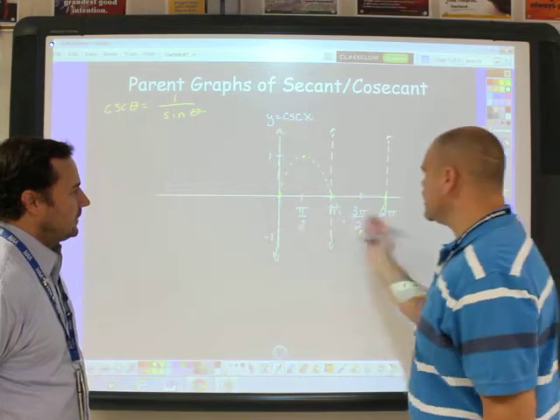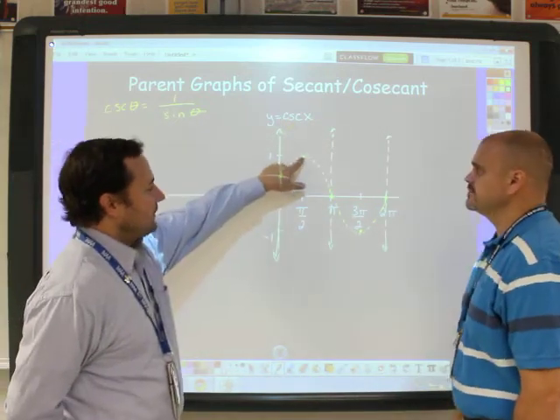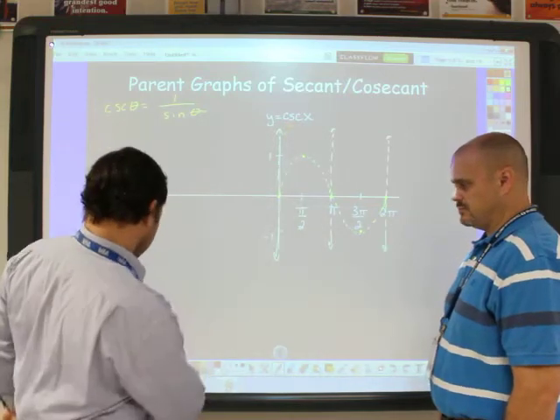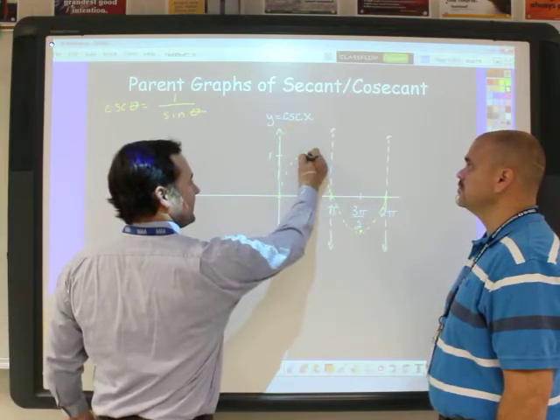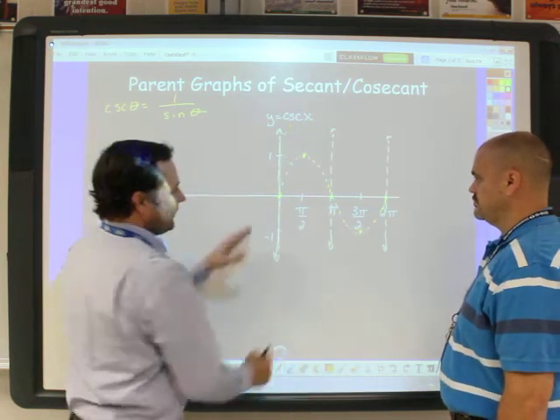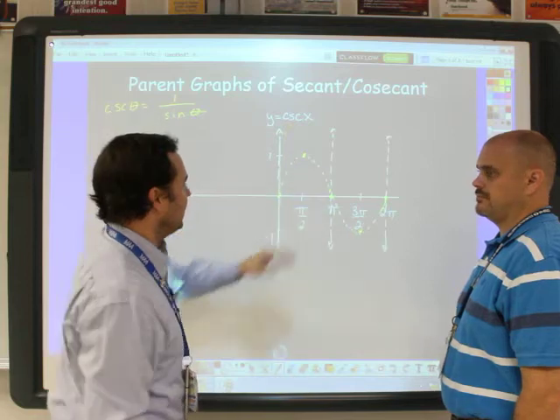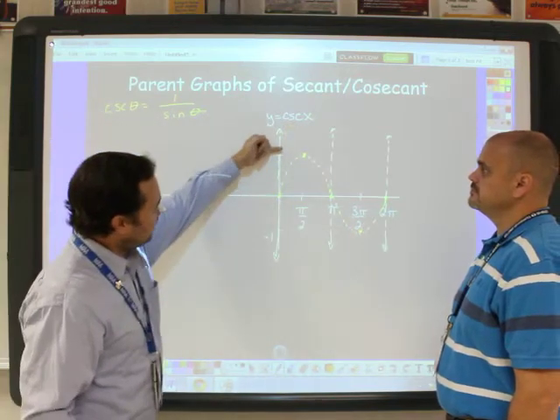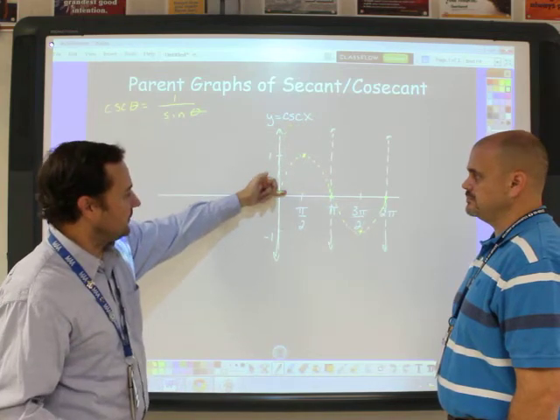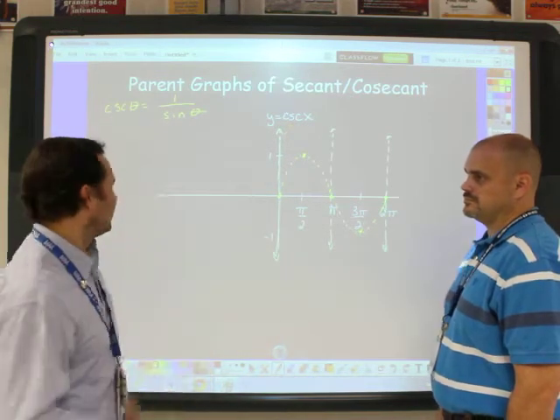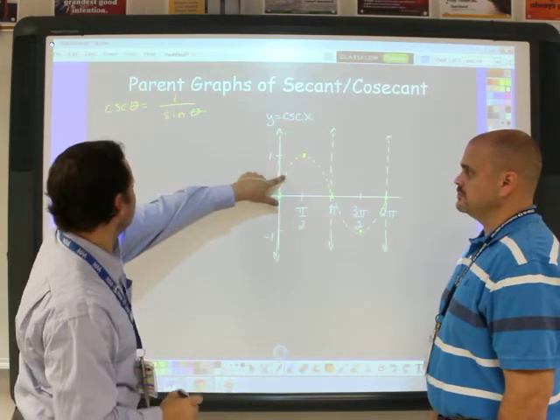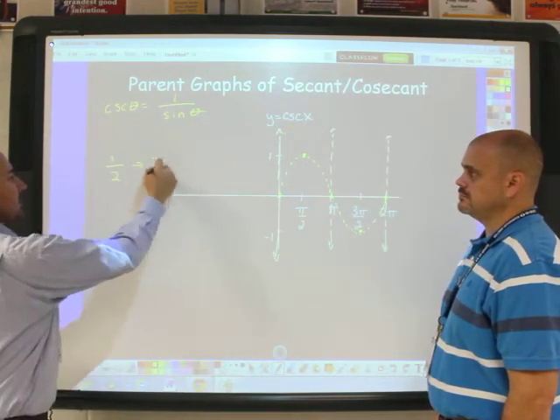So what's going on in between those vertical asymptotes? If I take the reciprocal of 1, 1 over 1 is just 1, and the reciprocal of -1 is just -1. The big question is what's going on in between. The smaller the value is between 1 and 0, the closer it is to 0, and the larger the reciprocal is going to be. If I have 1/2, its reciprocal is 2.